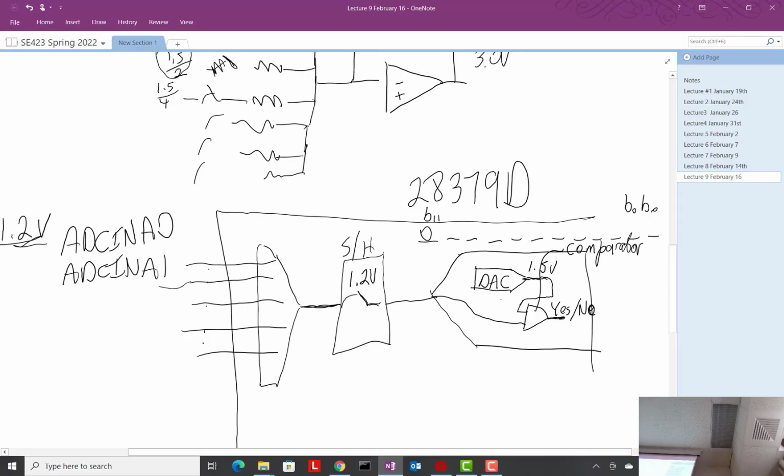Okay, so then it marches to the next bit. And it sets this guy. What voltage is the DAC outputting now, with that one set and all the rest of them 0? What do you think? It's 3 volts divided by 4. Do you see that? That's the next bit down, because this was 3 volts divided by 2, right?